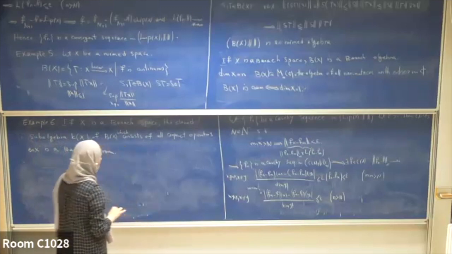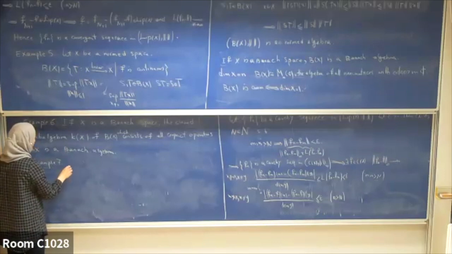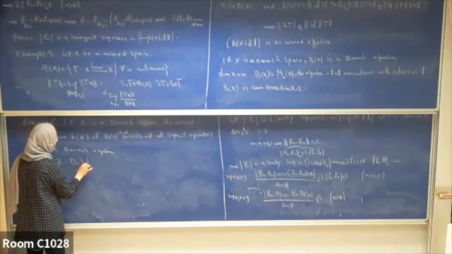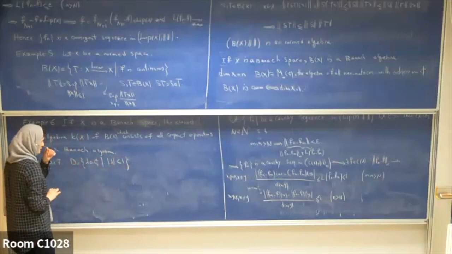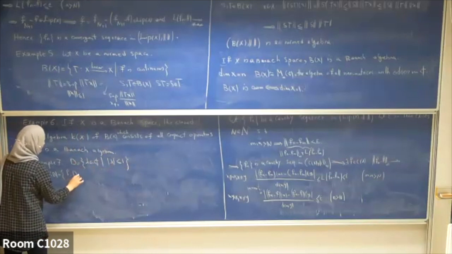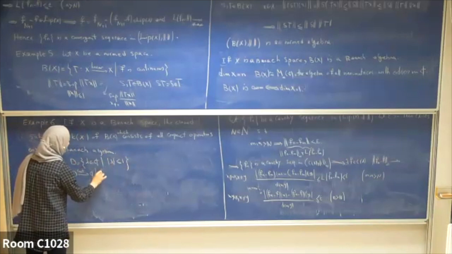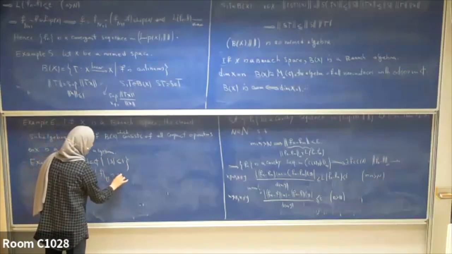And another example. It's a subalgebra of the algebra of continuous functions on the closed unit ball of C. Let D, for example, be the unit ball in C. I mean lambda in C such that the absolute value of lambda is at most 1, which is a closed subset of C. And A of D is the algebra of all continuous functions which are analytic on the interior of D. So f from D to C, f continuous, and f restricted to the interior of D is analytic.